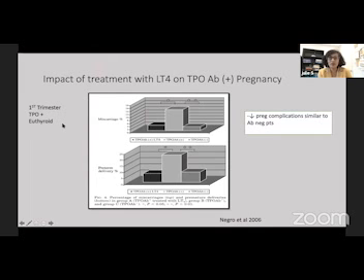They were treated with levothyroxine, and what they showed is that the miscarriage rate in these treated women drops to almost the same as antibody negative women, a difference of 14% versus 2 point something percent between the untreated and treated groups.